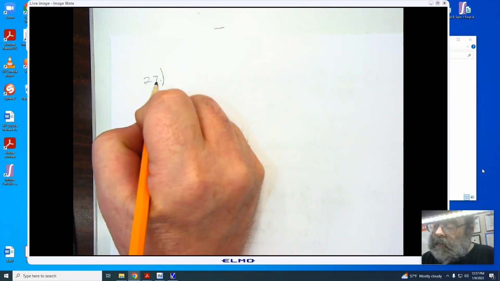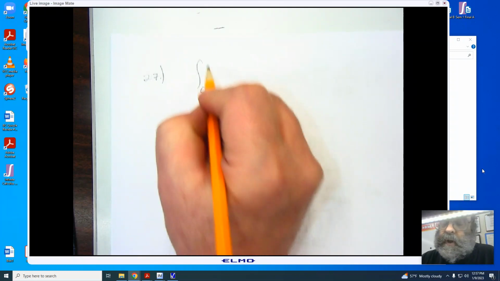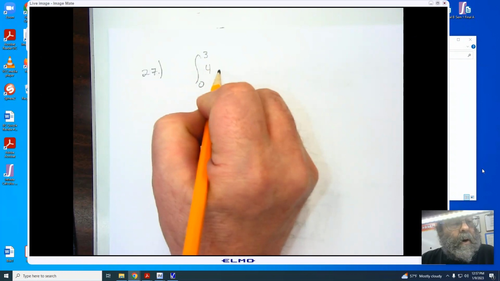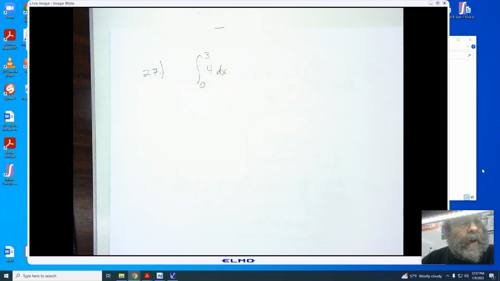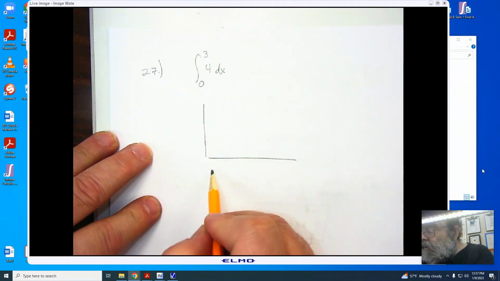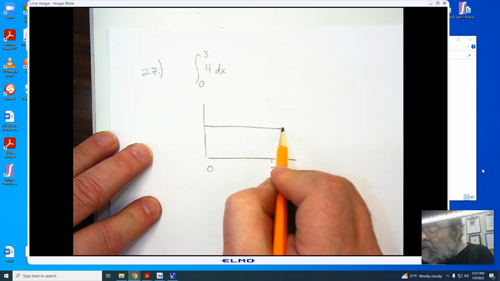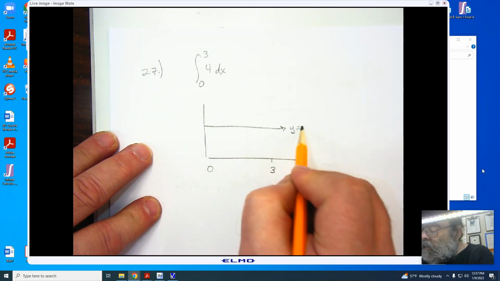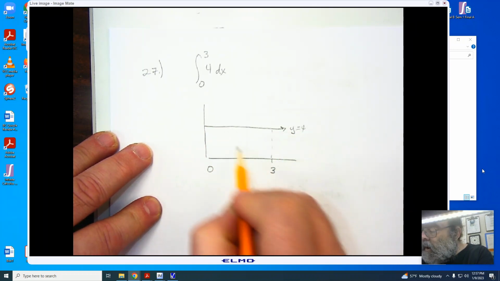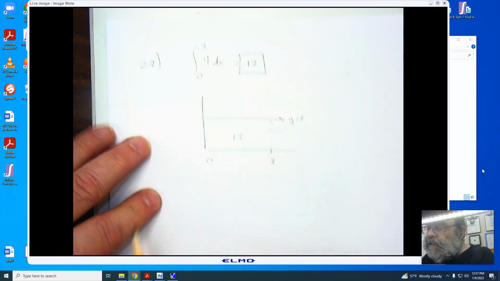So number 27, which is a little bit more of an important problem, gives us the integration from 0 to 3 of 4 dx, and they want us to now use geometry. So if I have a graph from 0 to 3, and I have y equals 4, the area under the curve is 12, and my answer is 12.